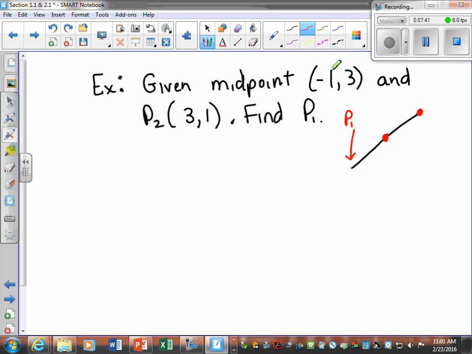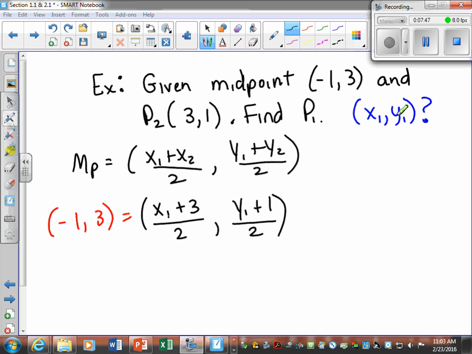So first start with your midpoint formula, write that down, and fill in any given information that we know. We're looking for point 1, which is (x1, y1). So when I plug information in, my midpoint, they told me, was (-1, 3). My x1 I don't know, I'm looking for it, and my y1, I just leave those values because we're going to find those. Plug in your x2, which is 3.